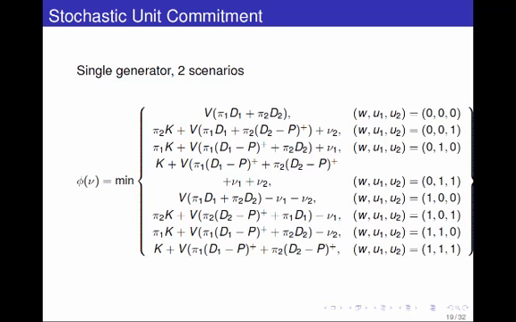And for a specific choice of nu1, nu2, it might be the case that this one is the lowest hyperplane. So what's the subgradient of the dual function for that point? It's basically this evaluated at the optimal u, w. So it's a 2-dimensional thing. 0, 0, if this is the best hyperplane.